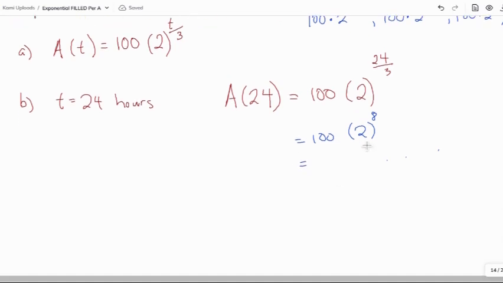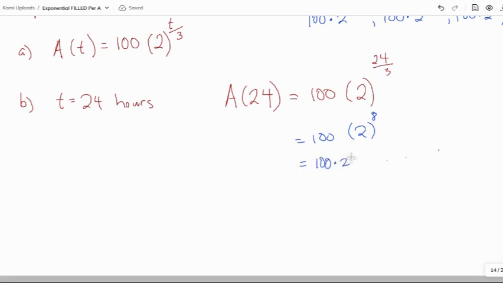Okay, so can we do this in our head? Yeah. What's 2 to the power of 8? Don't say it out loud. Get your 8 fingers and go 2 times 2 times 2 times 2 times 2. 2 times 2 is 4. 4 times 2 times 2 times 2 times 2 times 2 times 2, 256.